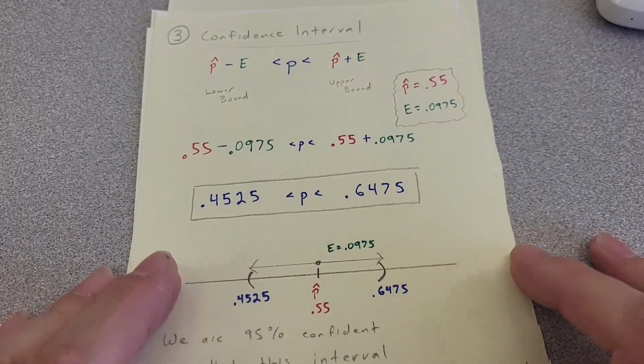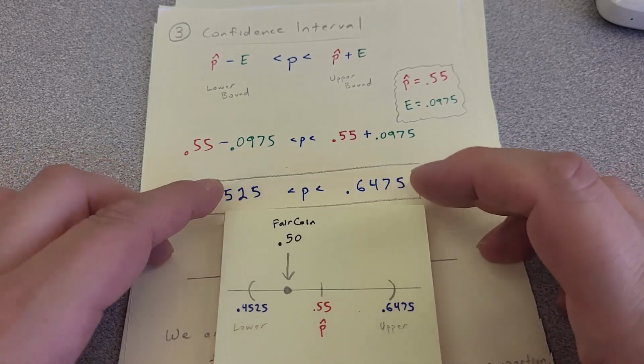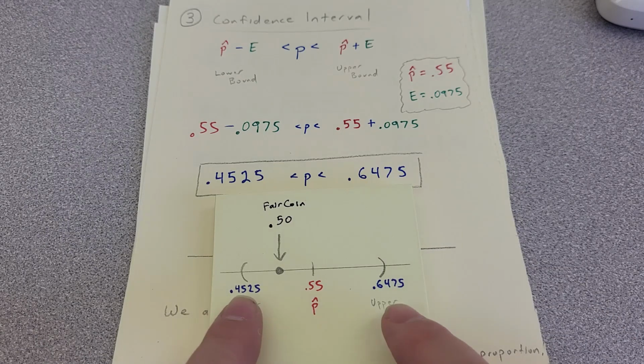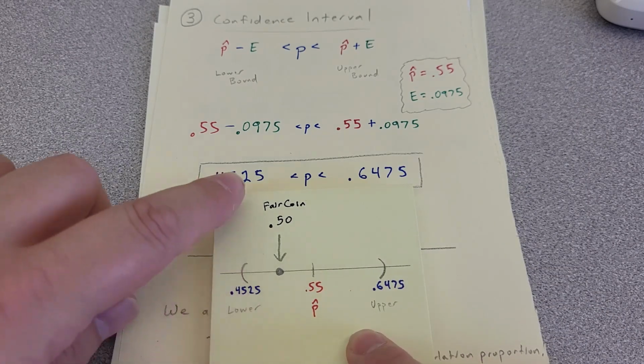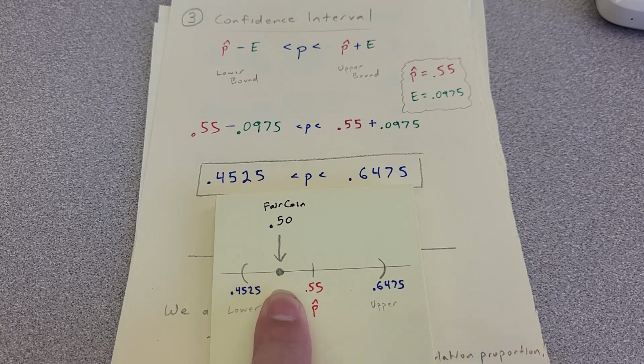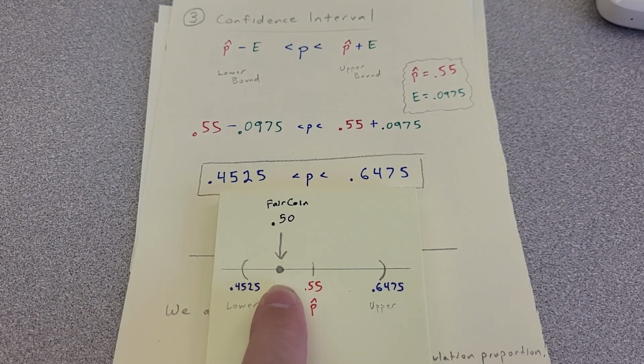Well, taking a look at the interval we calculated, let me put this right here. As we can see, this interval does contain what a fair coin would be. A fair coin would be 50-50 heads, right? And that is a possible number in this interval.